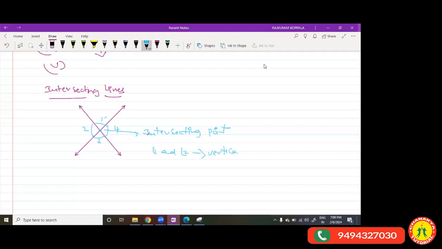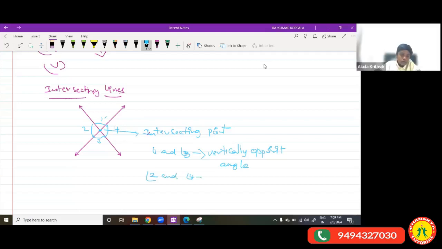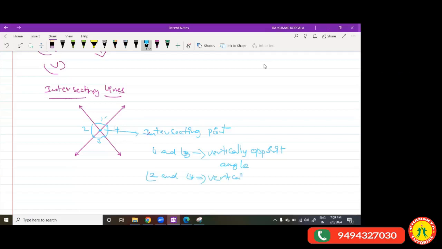Vertically opposite angles. Understood? Exactly opposite is there. And 1 and 3, vertically opposite. 2 and 4, vertically opposite angles. Okay.